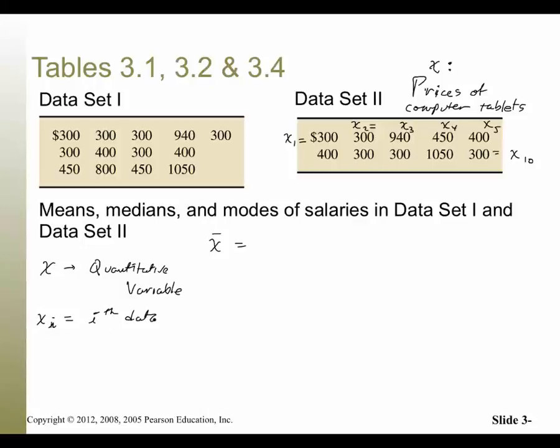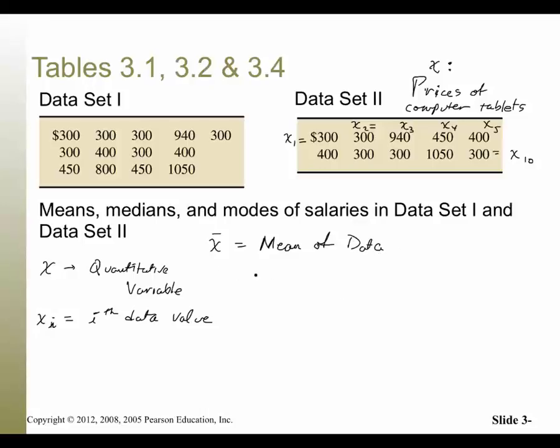Whatever the subscript is, that's the number of the data value we've got. So I is this number 1, 2, 3, 4. So X sub 4 here is 450. Then X bar is the mean. X with a bar over it is the mean of the data. So that's some notation that you'll see and we'll be using in the future.